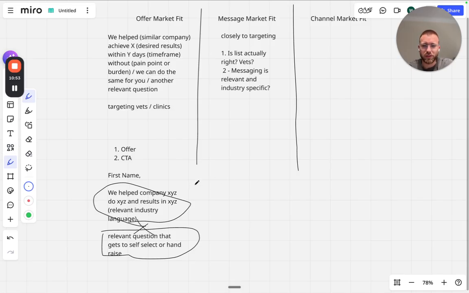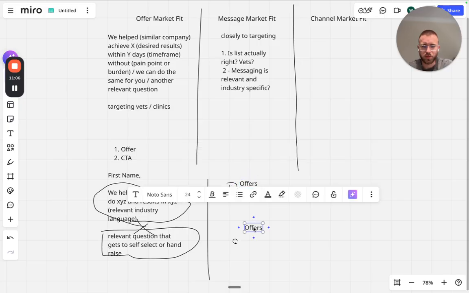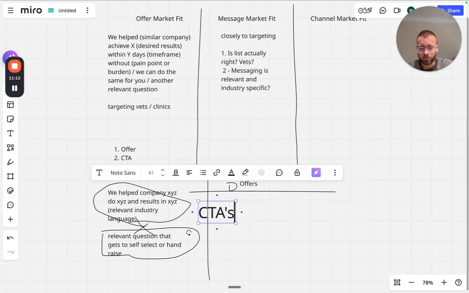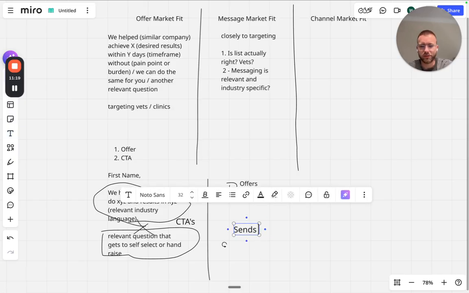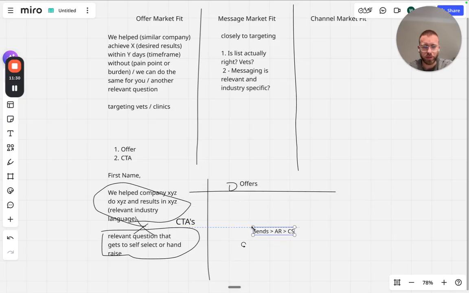You could draw a matrix where you would have your offers up here, and then your CTAs down here. Then you would want to run the math and run the numbers on how many sends it takes us to get to an AR, or affirmative response, and then how many affirmative responses it takes us to get to a call scheduled. And so now you'll very easily be able to look.